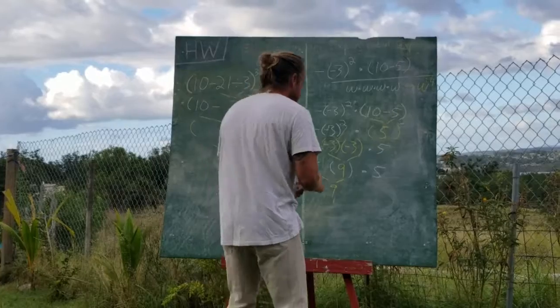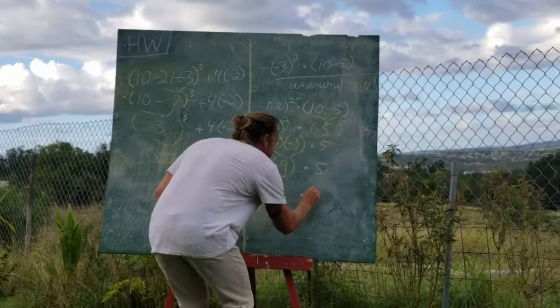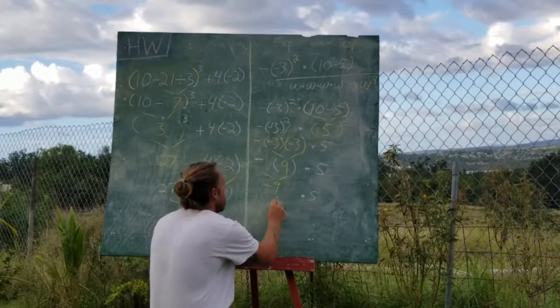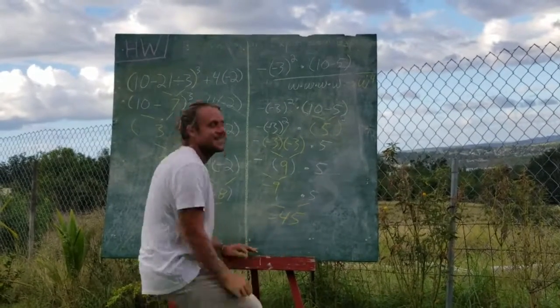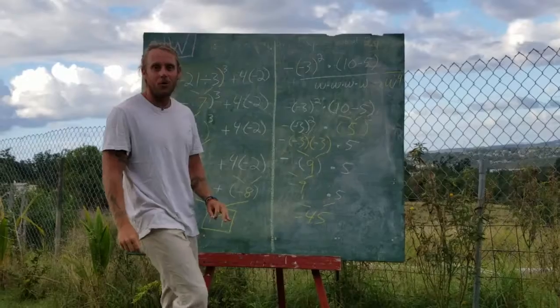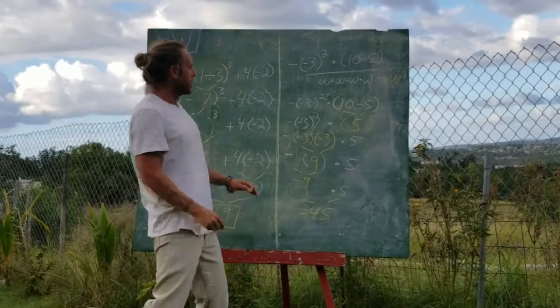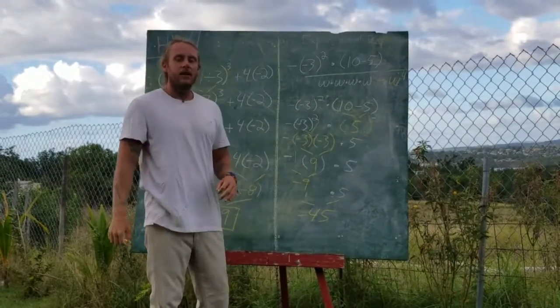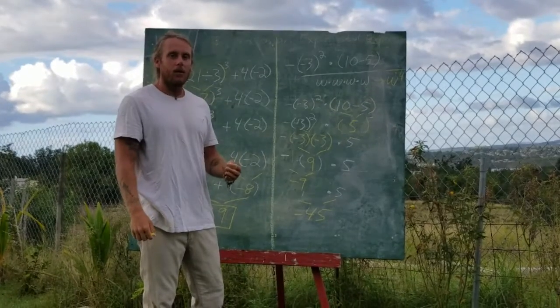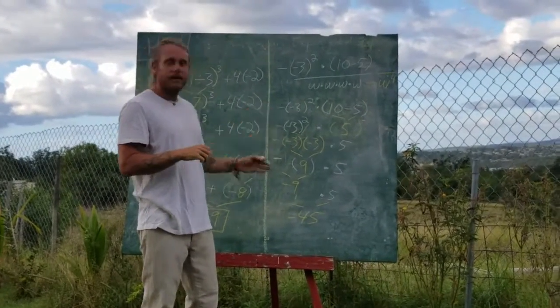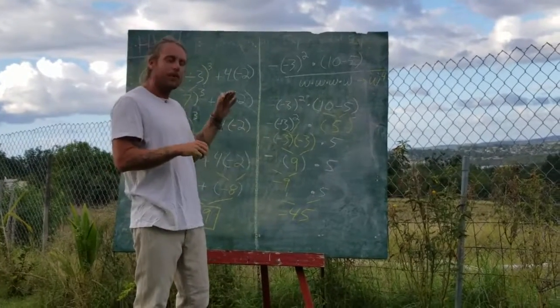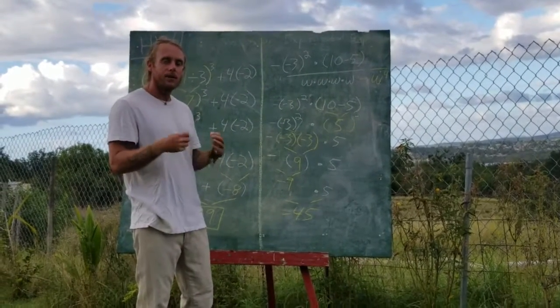And then, of course, we are multiplying finally by 5, and -9 times 5 is -45. Very good. This type of negative activity is prone to cause problems. So always keep your mind on the negative sign, pay attention to it, and remember what's going on with those. Let's look at just a few more.